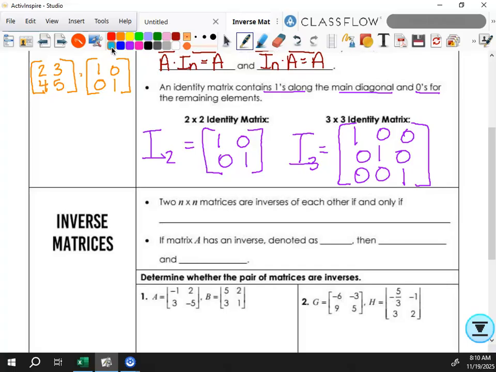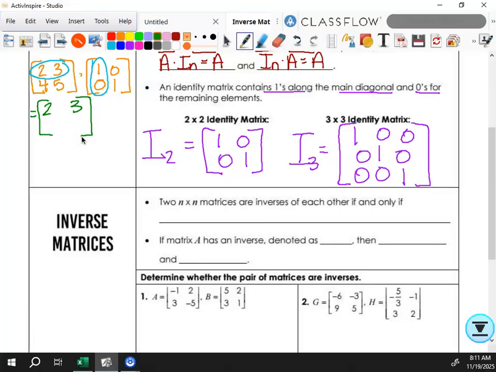So when I multiply them, I take the first row times the first column, and I add them up, right? So this will give me 2 times 1, which is 2, plus 3 times 0, which is 0, right? We good with that? Then I do 2, 3 times 0, 1. So that's 2 times 0, which is 0, 3 times 1, which is 3.